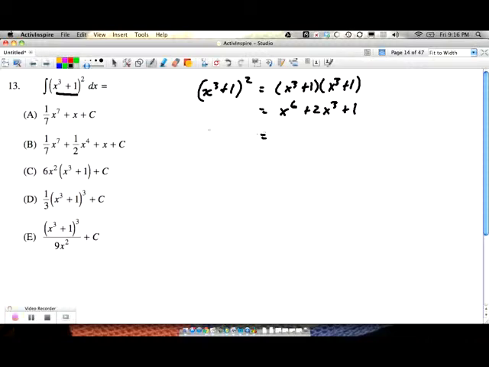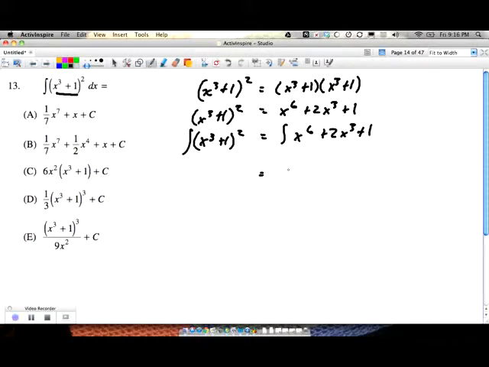Now, that's my original inside piece. So the antiderivative of x cubed plus 1 quantity squared is the same thing as saying the antiderivative of x to the 6th plus 2x cubed plus 1.